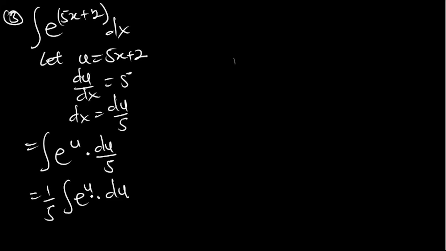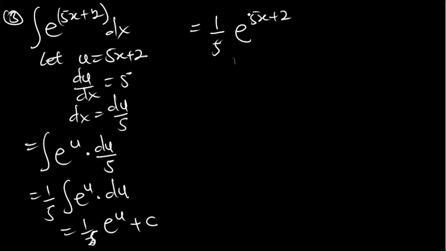But we know that if you integrate e to the power u, you are going to get back e to the power u, which is the same thing, e^u plus the constant c. And finally, I can bring in the value of u to get 1 on 5 e^(5x plus 2) plus my constant c. And this is the integral of this function by substitution.